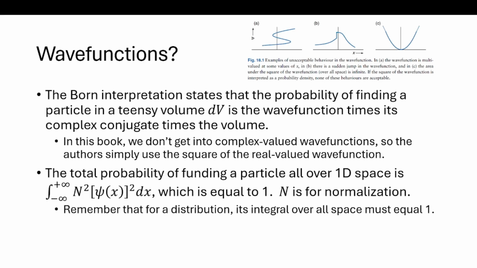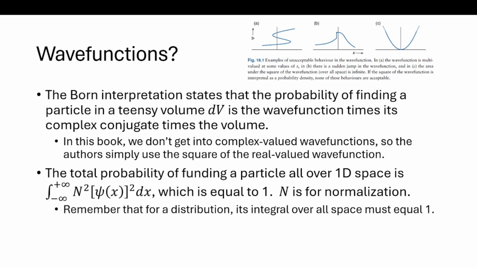Now, that's enough talking about operators. What about the functions that we apply those operators onto? These functions are known as wave functions, and we look at them through something known as the Born interpretation.